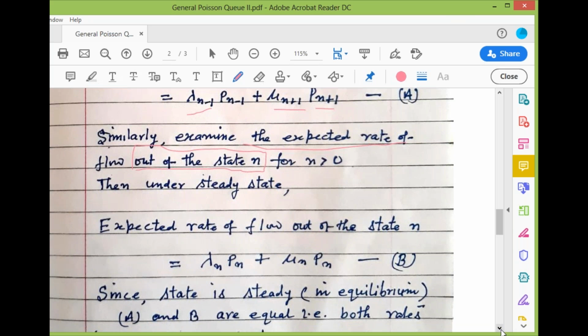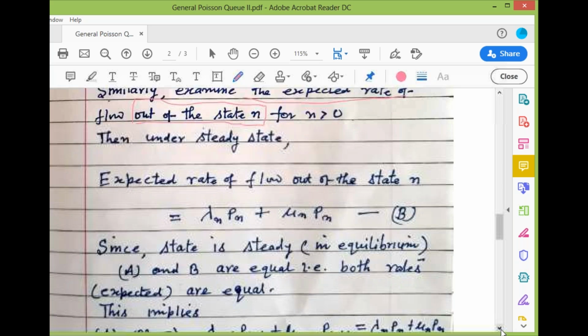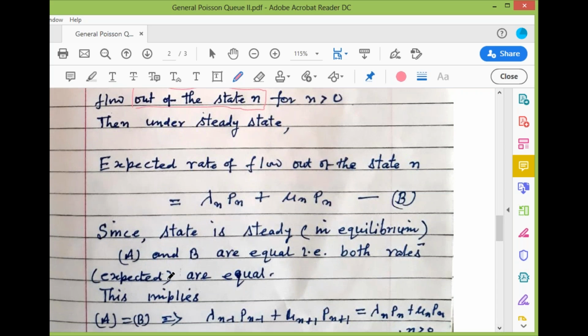State of equilibrium means the arrival and departure more or less, or on an average you can say, arrival and departures are same in case of the steady state. Means system is moving smoothly. It means that whatever arrivals are coming, they are getting the service and they are departing from the system. Therefore, in this state of equilibrium, A and B are equal.